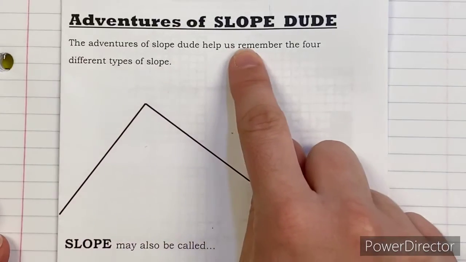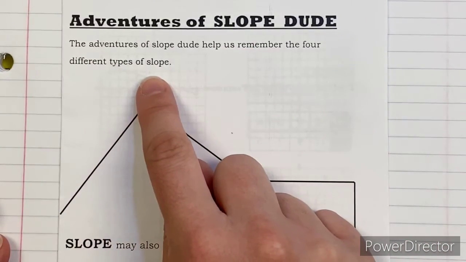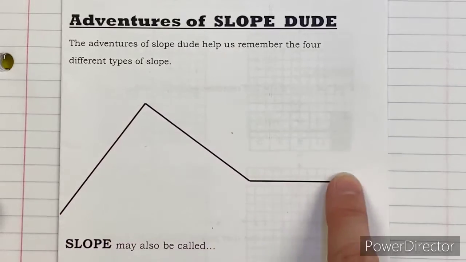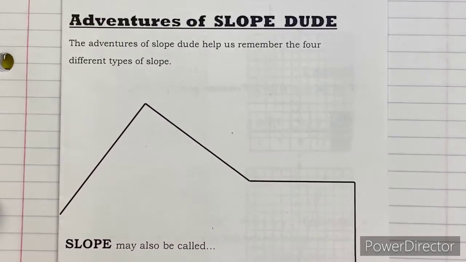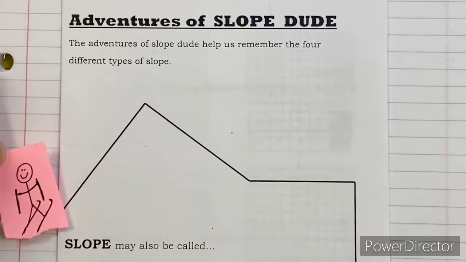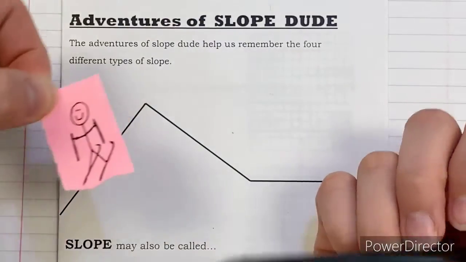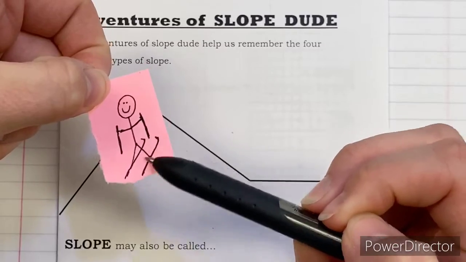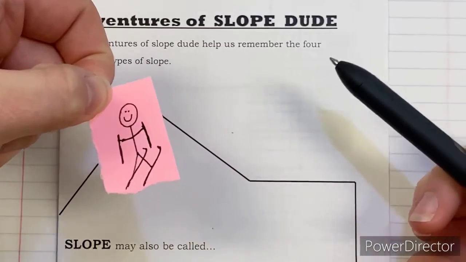The Adventures of Slope Dude helps us to remember the four different types of slope. Here's the track for Slope Dude, his little ski adventure. I'm going to give you the way less fun version. Here's my Slope Dude, okay? He's going skiing, so I drew him some little skis and little ski sticks to help him.